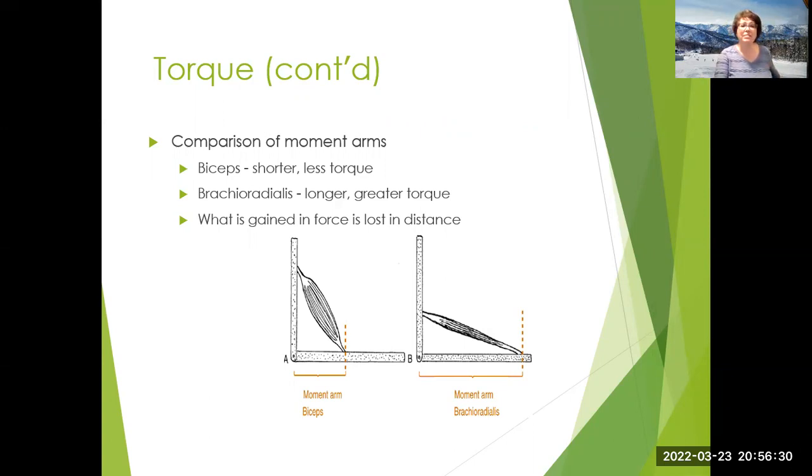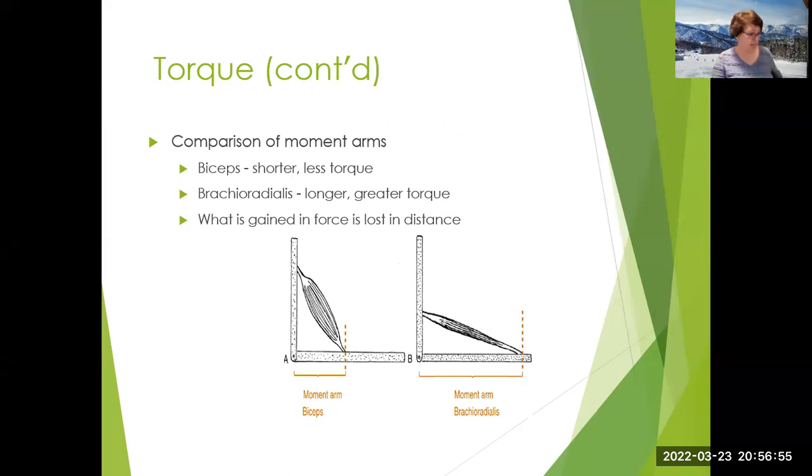So the biceps has a shorter moment arm because it attaches more proximally on the radius. The brachialis has a longer moment arm because it attaches more distally on the radius. So the brachioradialis can actually generate more force, but what's gained in force is lost in distance of movement.